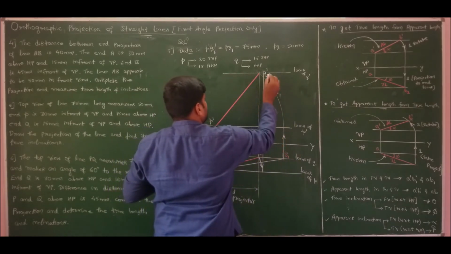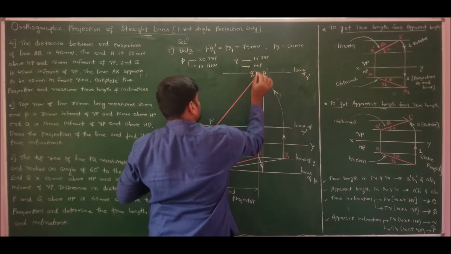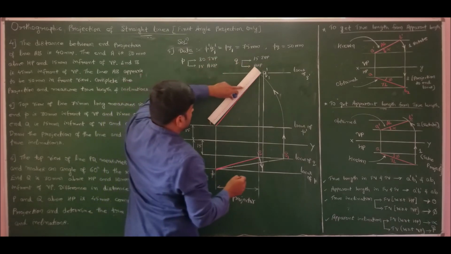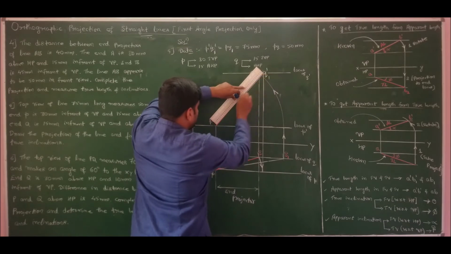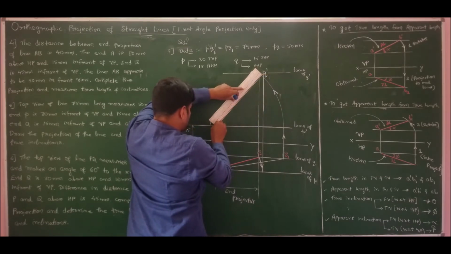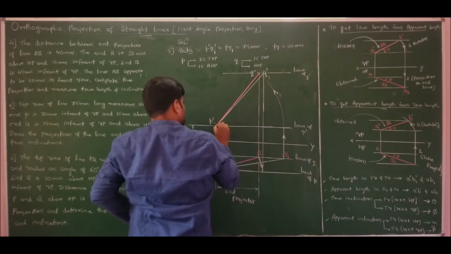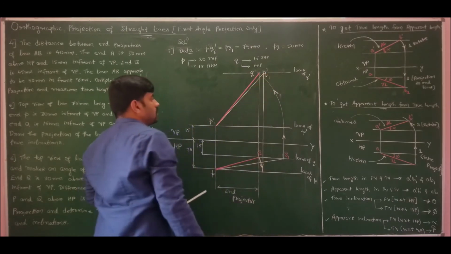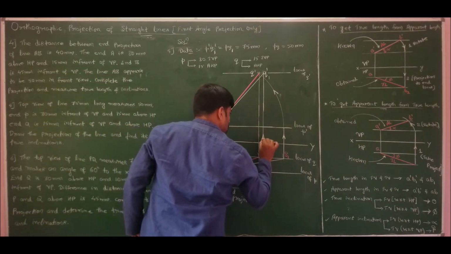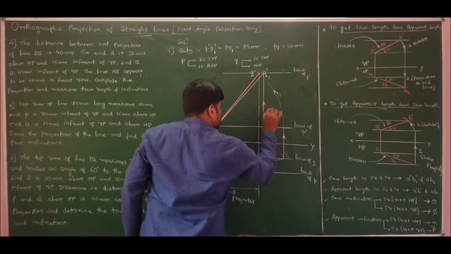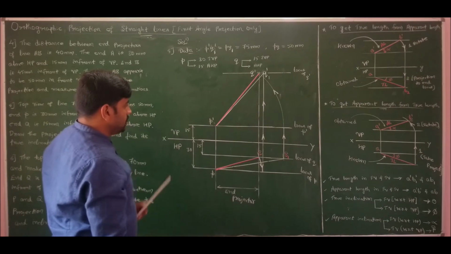So therefore this will become Q1 dash and this will become Q dash. So we got Q1 dash whose dimension is the same, 75 millimeters. So this completes the problem.